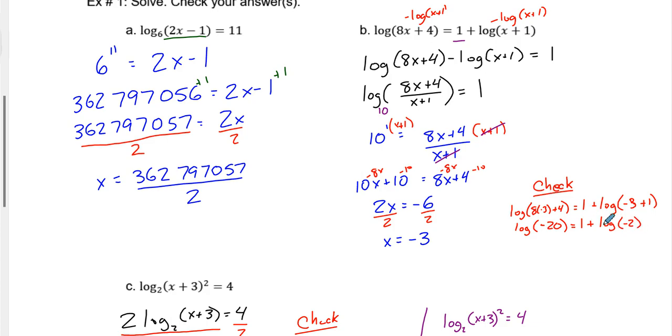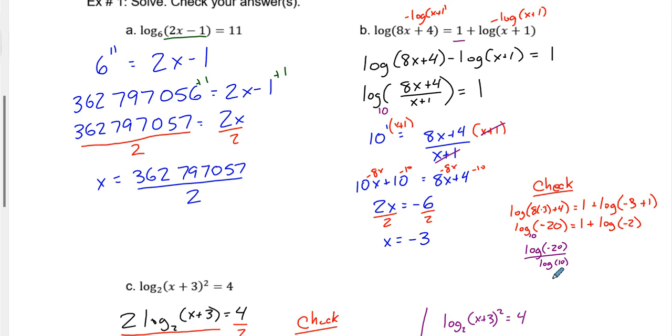Now these ones aren't really the easiest to evaluate, but we could quickly do a little check here. We do that change of base property because our log is base 10. So if we type into our calculator the log of negative 20 and divide it by the log of 10, what does that equal?